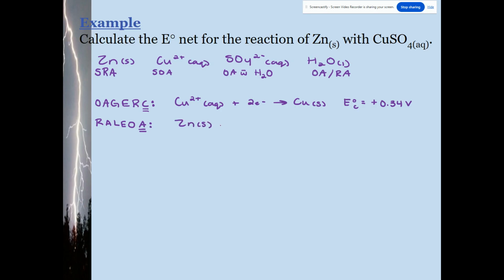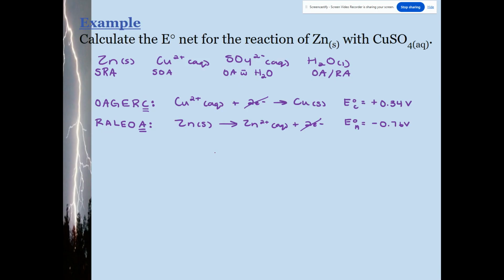My zinc metal will lose 2 electrons, forming zinc ions. So the electrical potential of my anode, my zinc half reaction, is negative 0.76 volts. Now again, my electrons here balance, but if they didn't and I had to multiply either half reaction, you would not multiply the voltages.